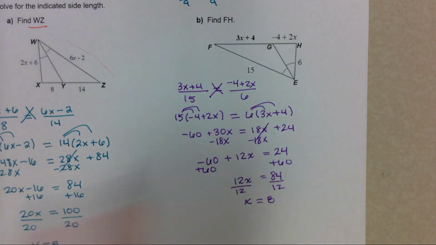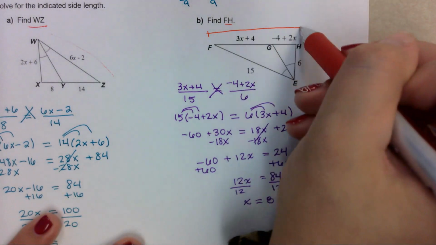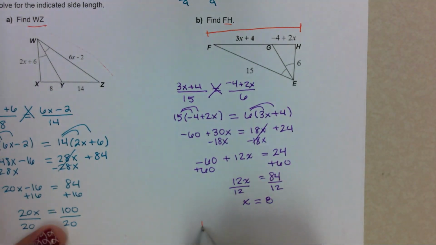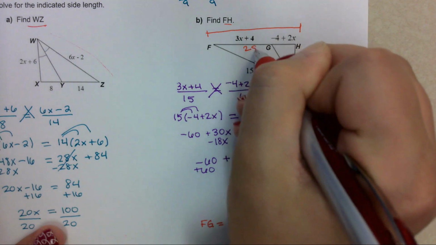But the question's asking for FH. FH is this whole length here. So first I'm going to start with FG, which is 3x, and x is 8. 3 times 8 plus 4, which is 24 plus 4, which is 28.